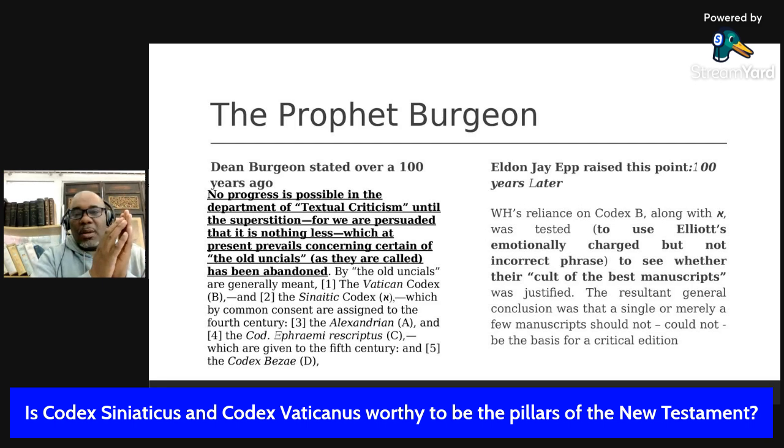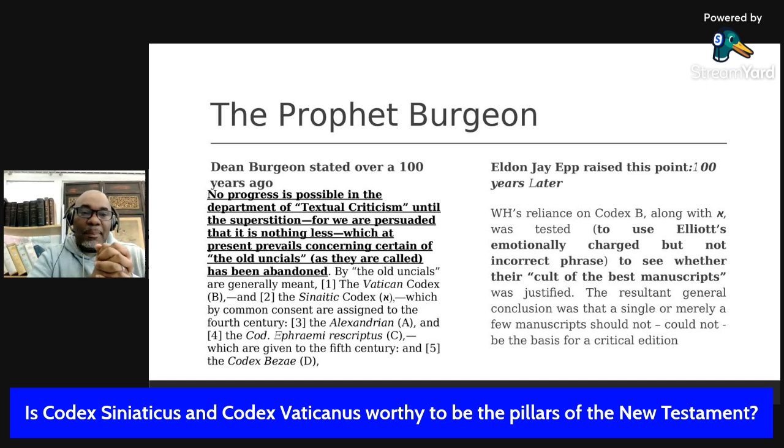So remember, Dean Burgon said this 100 years ago, and I'm going to repeat this point: no progress is possible in the department of textual criticism until the superstition, for we are persuaded it's nothing less, that at present prevails concerning certain of the old uncials, as they are called, has been abandoned.